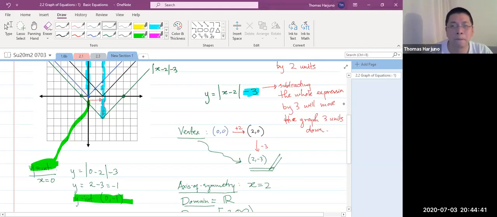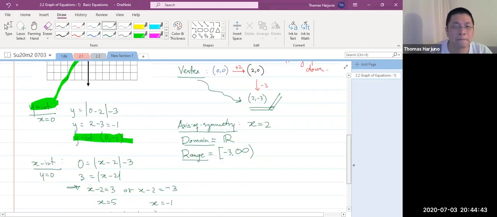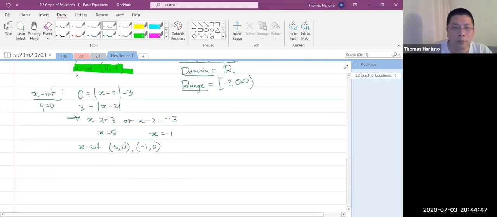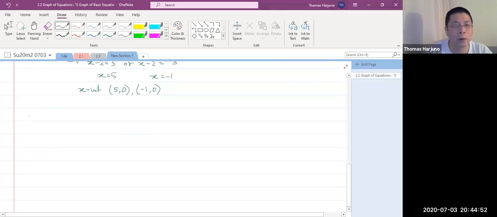Okay. Now, let me do one more problem. Similar to this, suppose, for example, I let y equals absolute of x plus 3, minus 4.